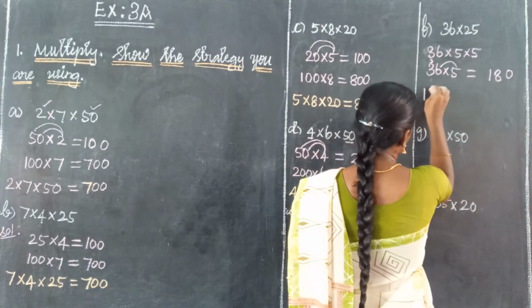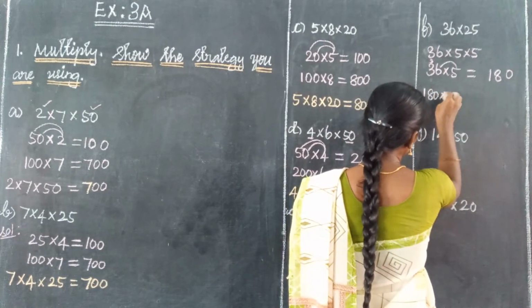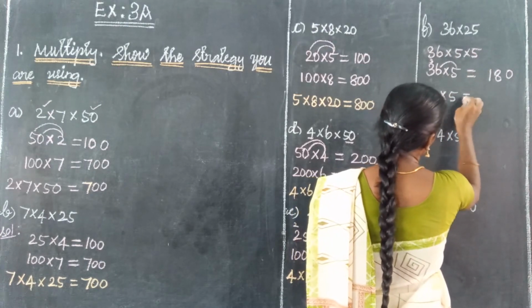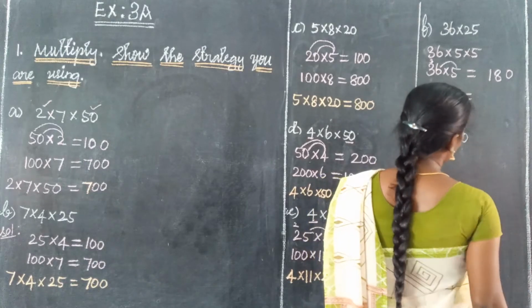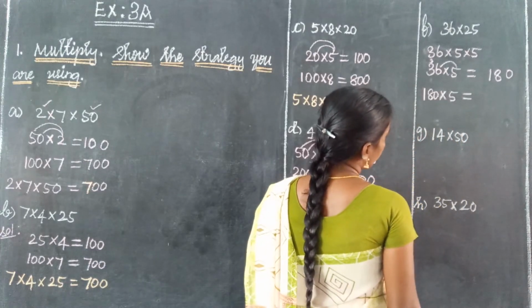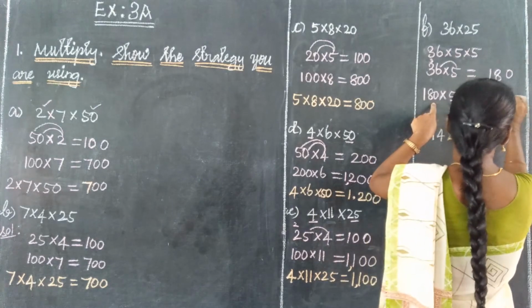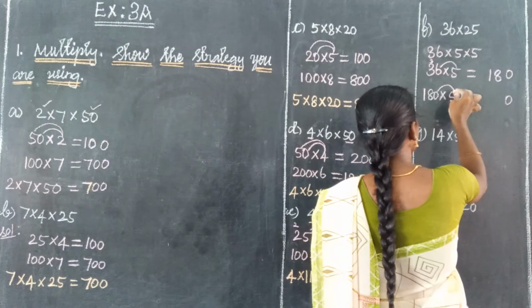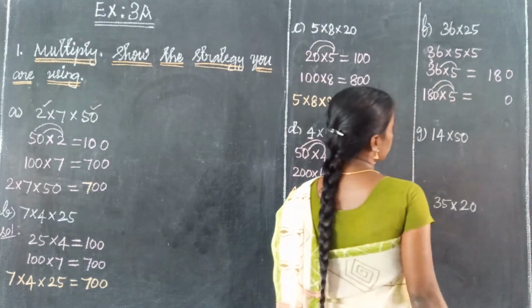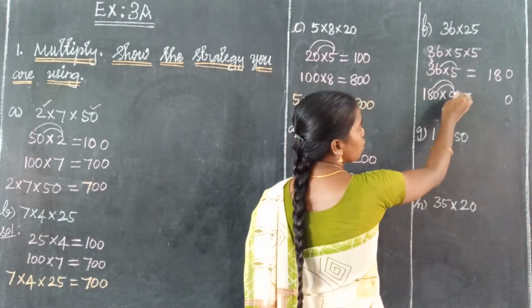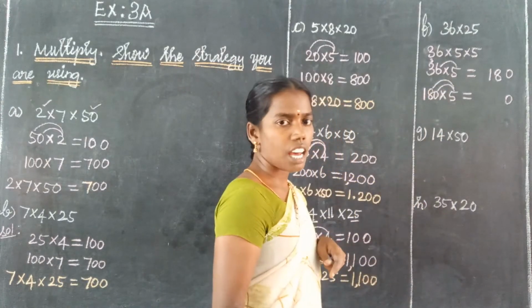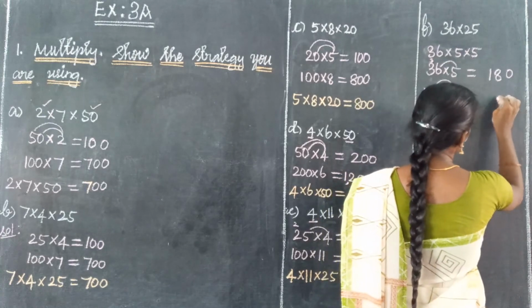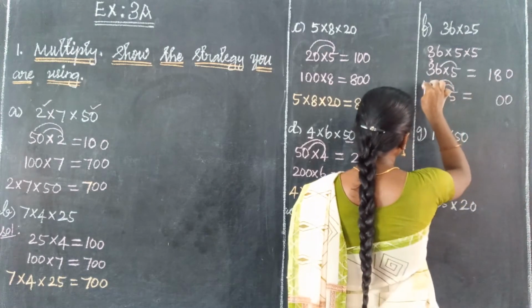So 180, into the third value, which I choose as this 5. Using the fifth table, 8 5s are 40, or 5 8s are 40. 40 is 0 and remaining 4.